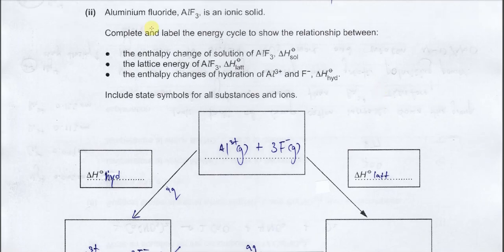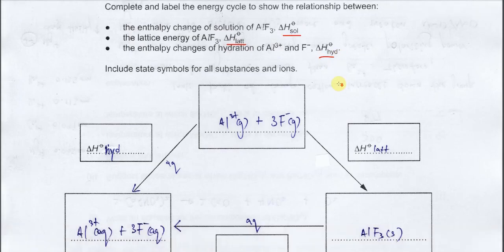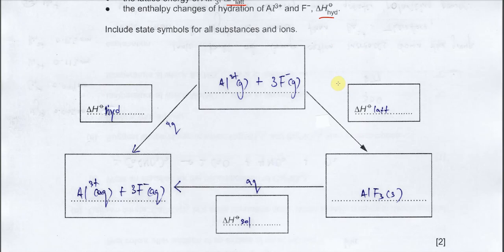Part 2. Aluminum fluoride is an ionic solid. Complete and label the energy cycle to show the relationship between the enthalpy change of solution, the lattice energy, and the hydration enthalpy. This part is quite easy. You should start from the gaseous ions, because gaseous ions can combine to form the solid. The energy involved is the lattice energy, delta H LATT.